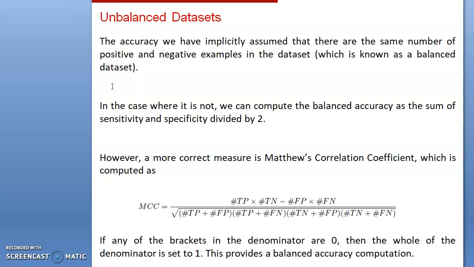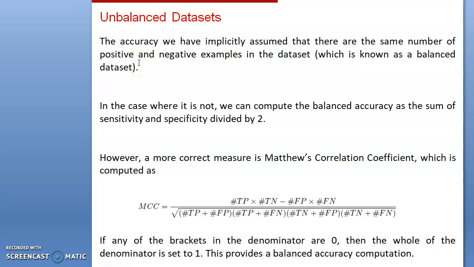Unbalanced data set means the number of yes is not equal to the number of no in the target variable, or the number of positives is not equal to the number of negatives.